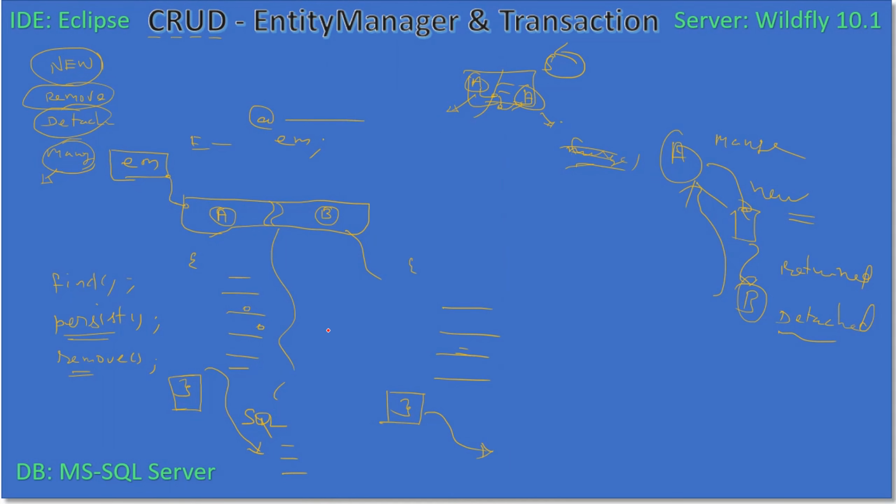Then we also learned about the transaction and how the transaction will be committed by the entity manager, which is attached to the stateless session bean. So we call the bean methods as a business method, and we saw towards the end the entity manager will perform the transaction commit.